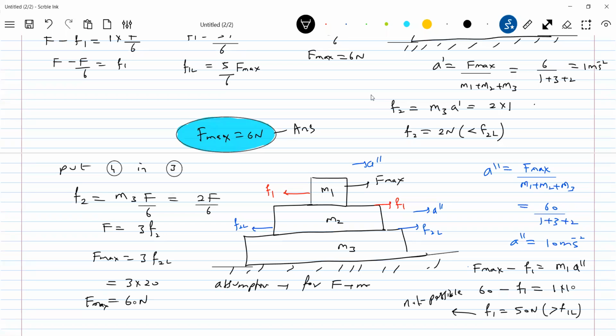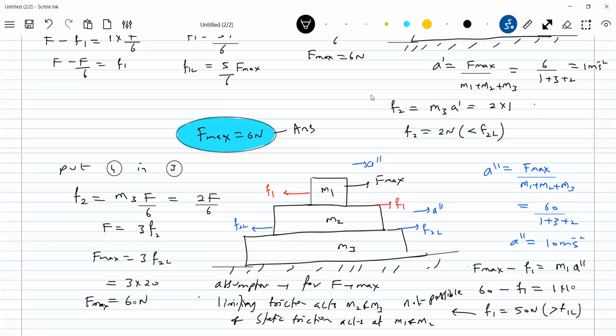For F maximum, slipping occurs at M2 and M3. Or limiting friction, otherwise with slipping again you'll get confused. For F max, limiting friction acts at M2 and M3, and static friction acts at M1 and M2.